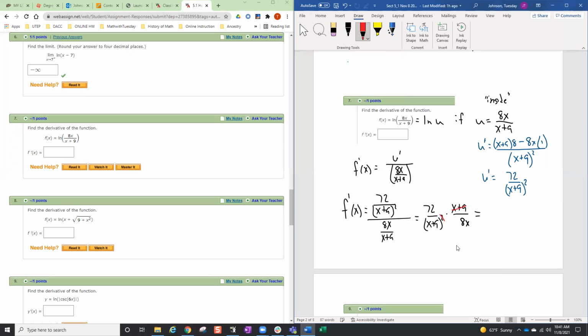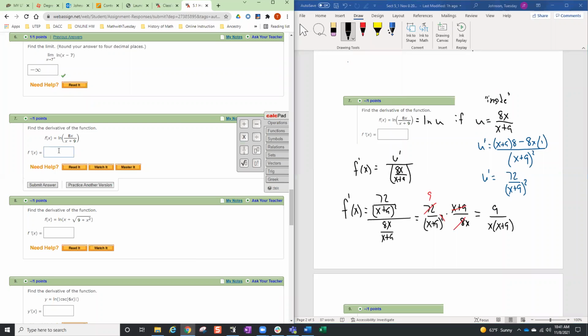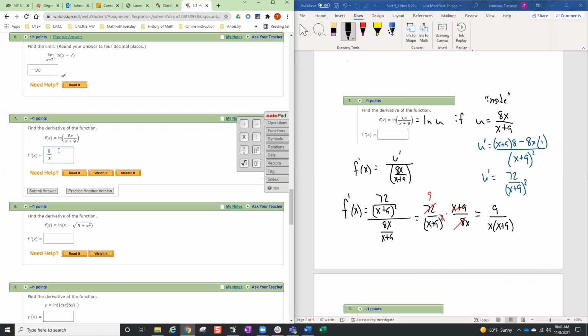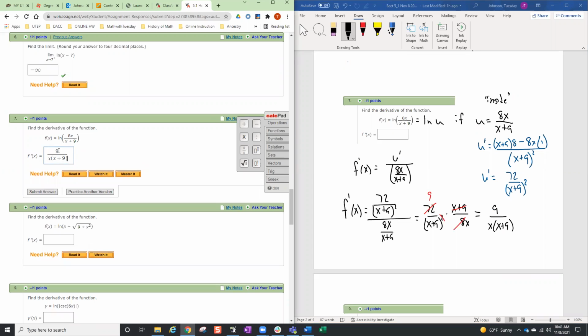One of them cancels this one. 8 goes into 72 9 times. So we will have 9 over x times x plus 9. Let's see if it works. 9 divided by x times x plus 9.